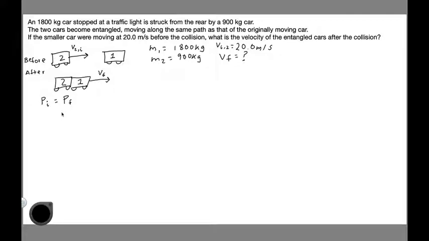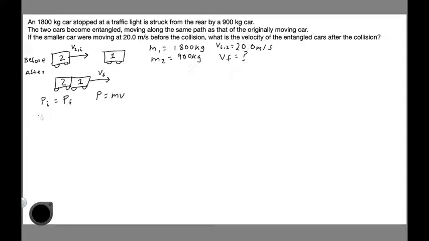So PI, the initial momentum of the cars before the collision, is going to be the sum of the individual momentums of both cars. So let's go ahead and write the momentum formula for each car and then add them together. So momentum is equal to mass times velocity.